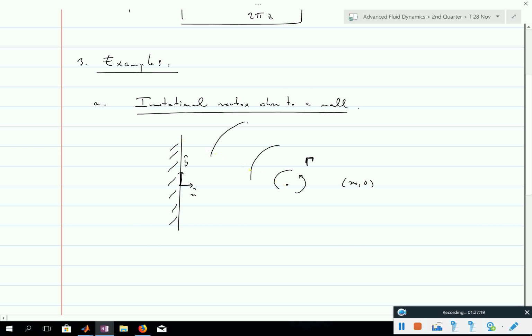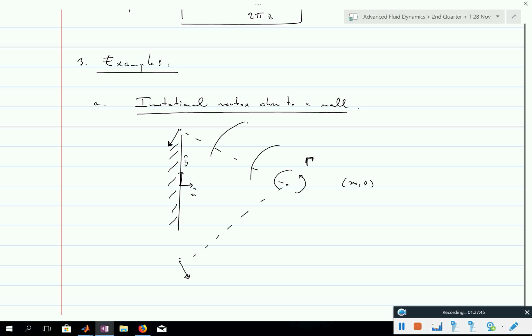So in particular, say at this point, for instance, my irrotational vortex generates a flow into the wall. And out of here, if I'm thinking about this location here, my irrotational vortex generates a flow which is coming out of the wall. So we don't satisfy the no penetration boundary condition.